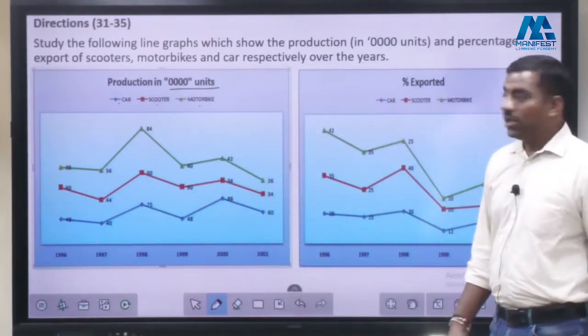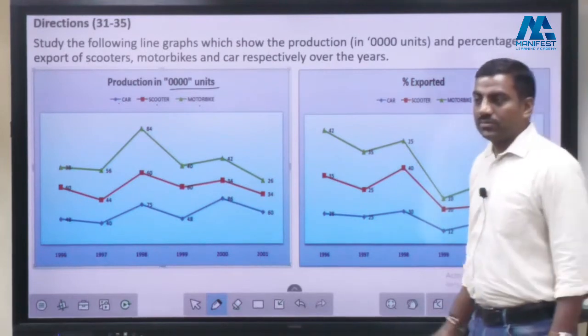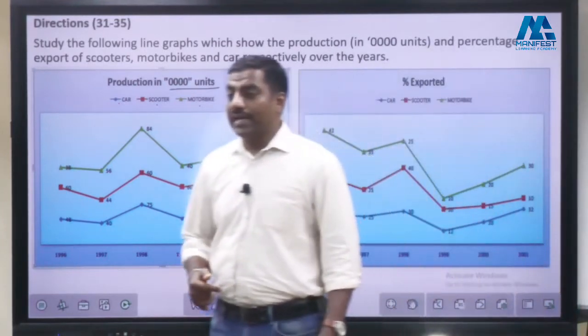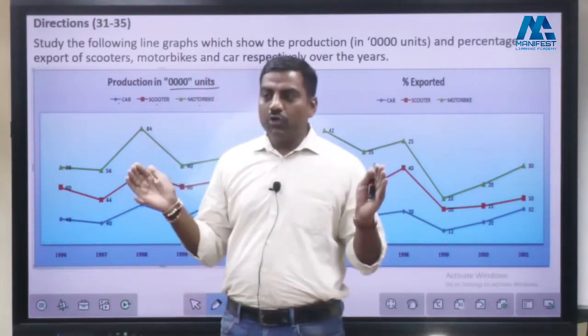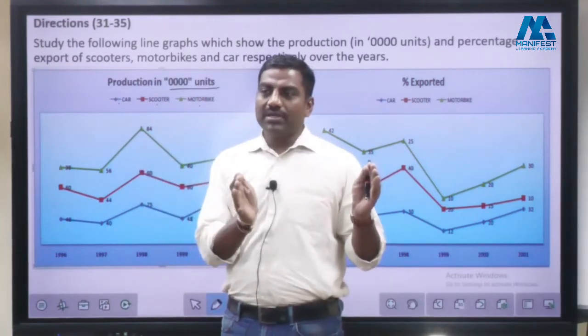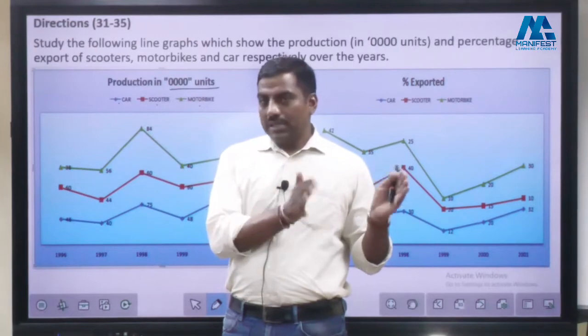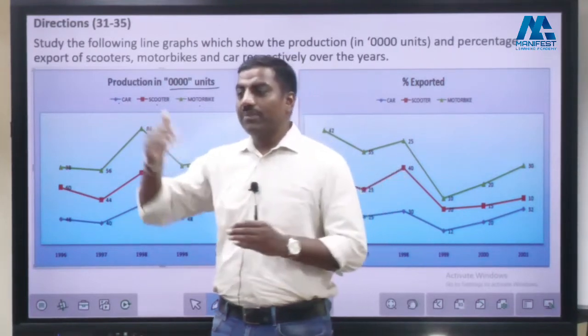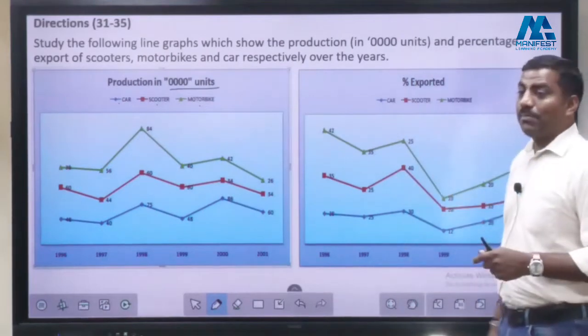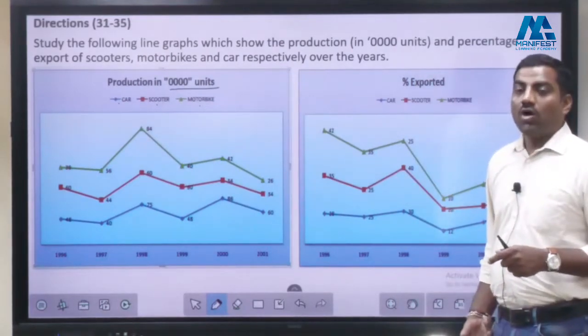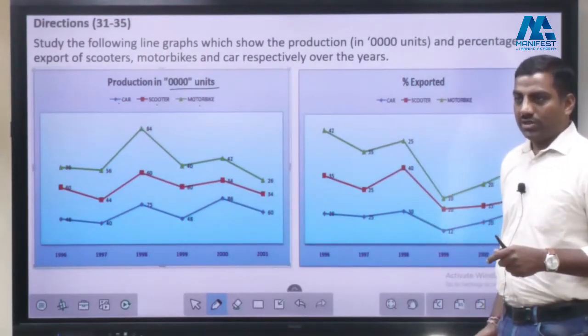What about this? Export. Export will be part of production. These many you produce. Some of them you market in the domestic market. Some of them you export. So whatever they have given here, this is the percentage of the production.